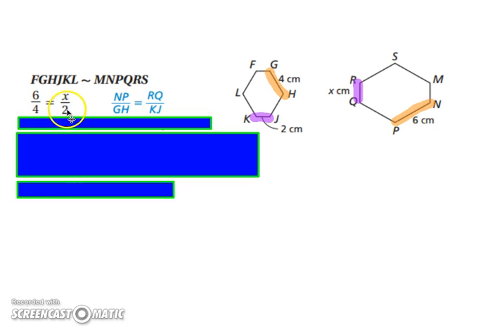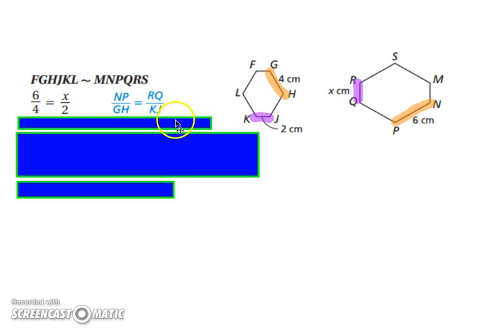Now it's very important. Notice how the 6 and the x, if it's on the top, stays on the top. The 4 and 2 are on the bottom. You could have done 4 over 6, but that would have meant it equals 2 over x. So you have to keep everything lined up.